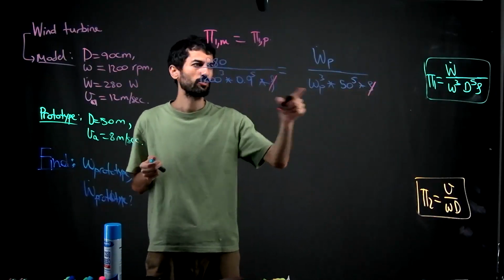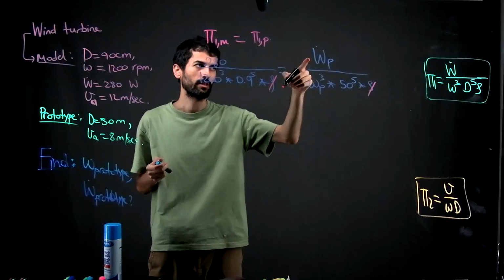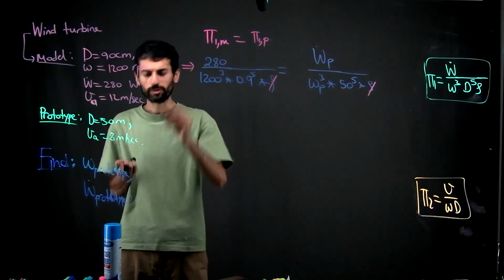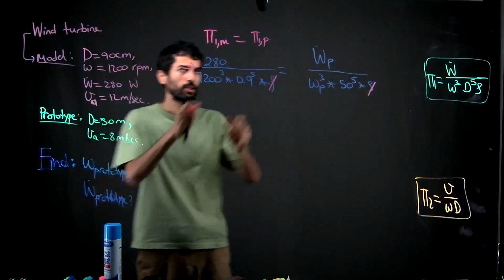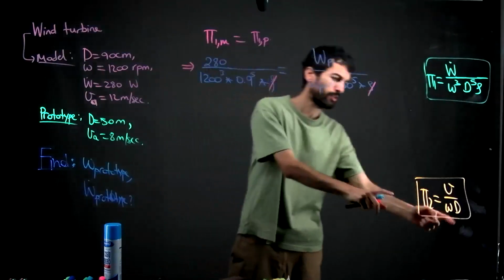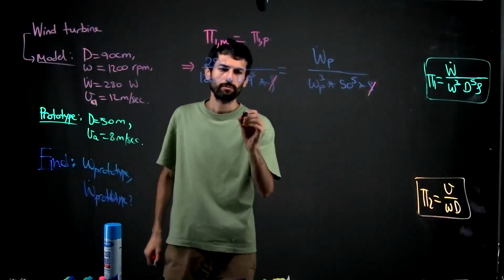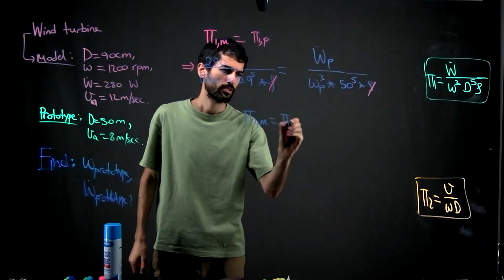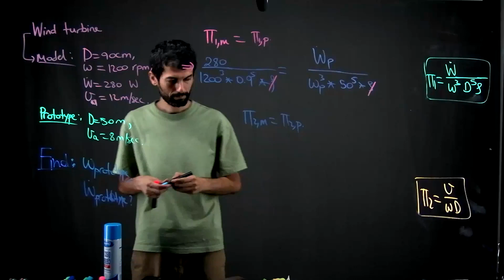We have two unknowns, the rotational speed and the power. So we will need one more equation. That equation will come from pi 2. So I will say that pi 2 of the model is the same as pi 2 of the prototype.